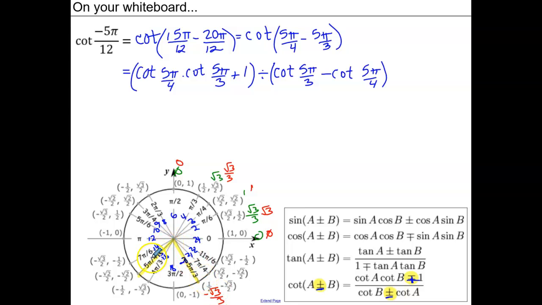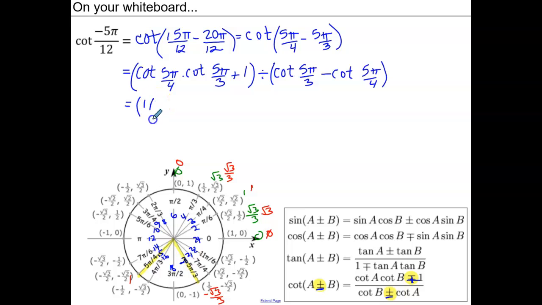Okay, then 5 pi over 4 is in quadrant 3. Tangent is positive in quadrant 3. So 5 pi over 4 with that pi over 4 reference is a positive 1 for its tangent, for its cotangent. So now when I evaluate these trig expressions, the cotangent of 5 pi over 4 is 1.